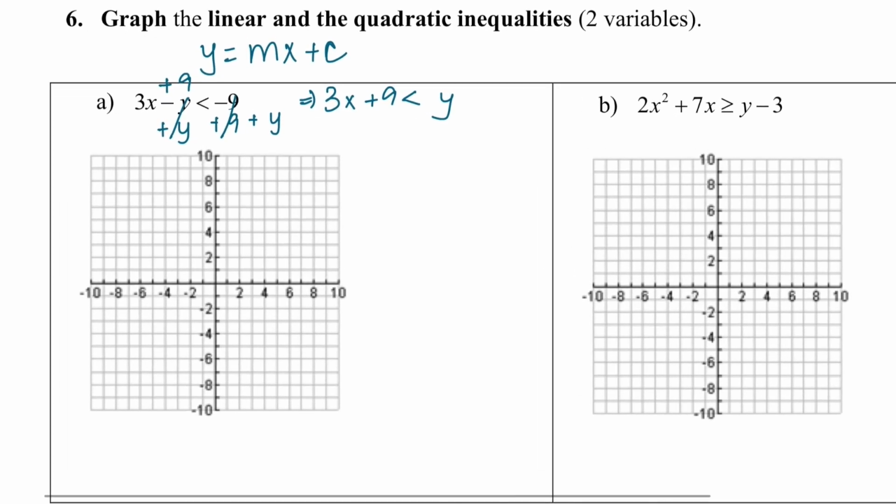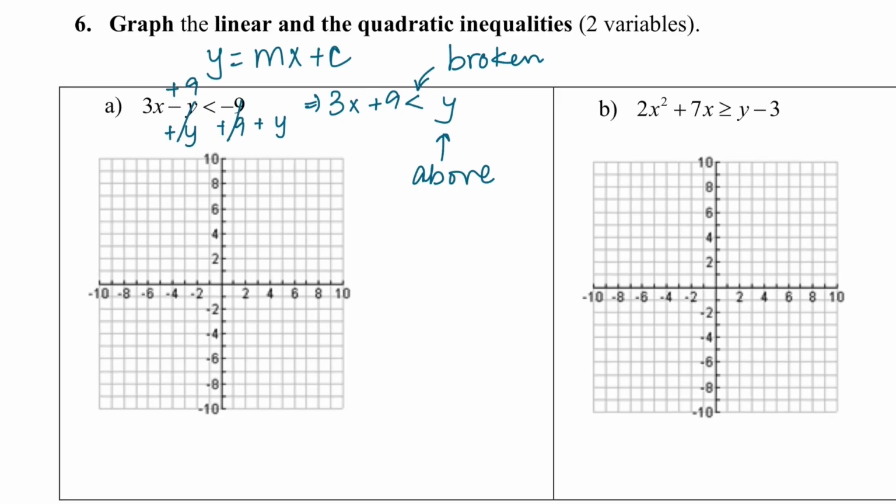Okay, so y is bigger, that means above. We don't have an equal to sign, that means this is going to be a broken line. Okay, it's linear. Again, linear means that it'll be a straight line. Now you can find the x-intercepts. So x-intercept is when y is 0, right? So 3x plus 9 is equal to 0.